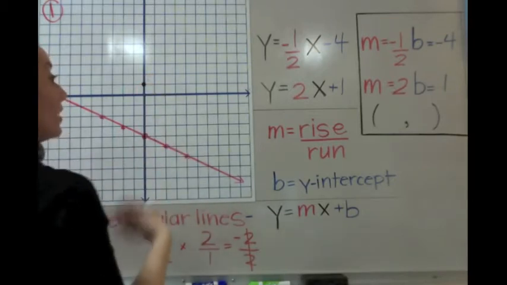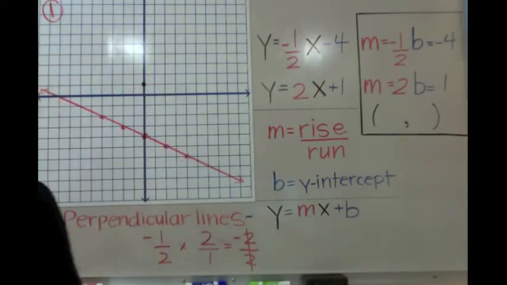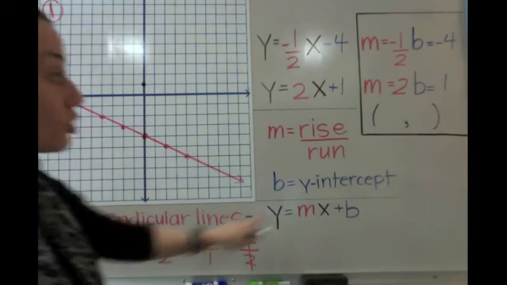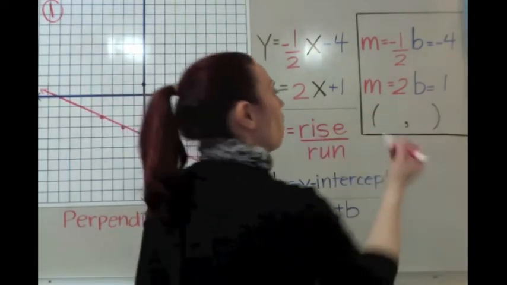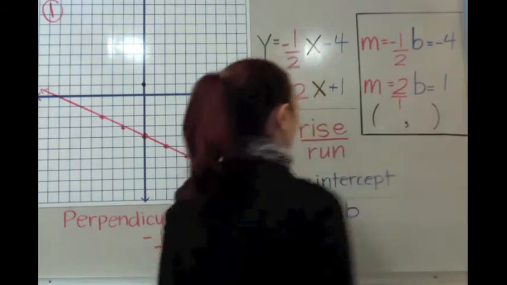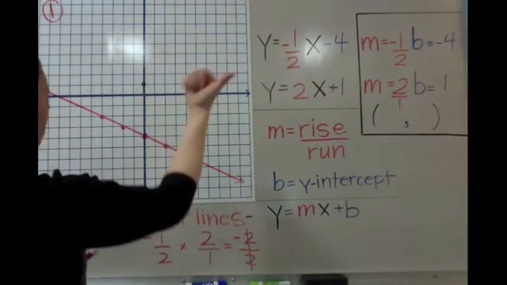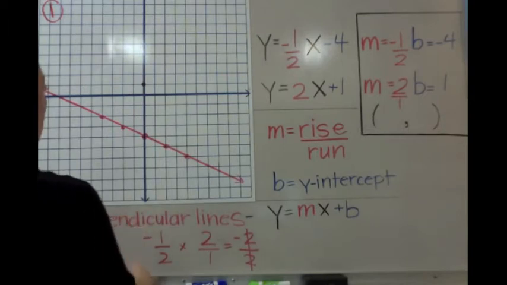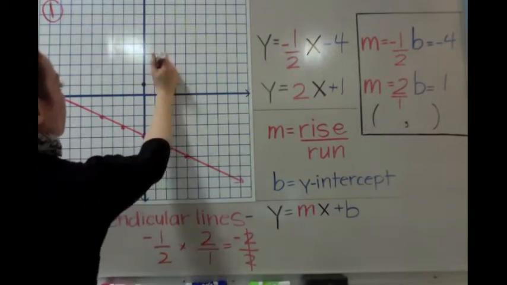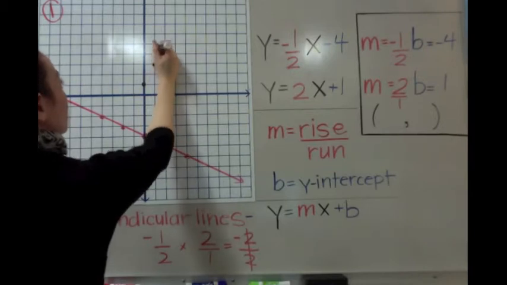From that point, now, what are we going to do? If the slope is 2, you remember what you're supposed to put under it? You're supposed to put a 1 under it, right? Okay. So we're going to go up 2 and over 1. So up 1, 2, and over 1. Beautiful. Up 2 over 1.